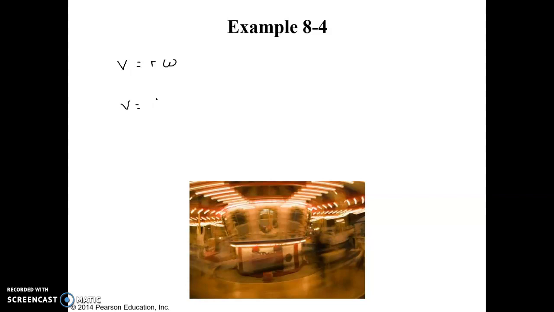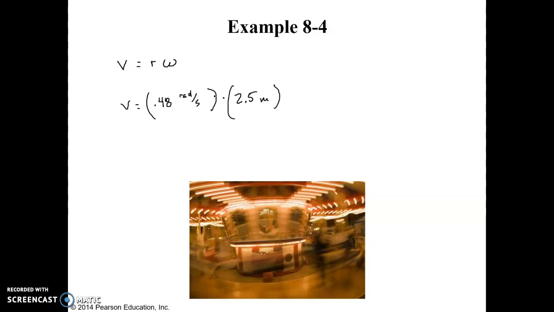We just found omega to be 0.48 radians per second. And the radius, the distance from the child sitting on the carousel to the center of the carousel, is 2.5 meters.